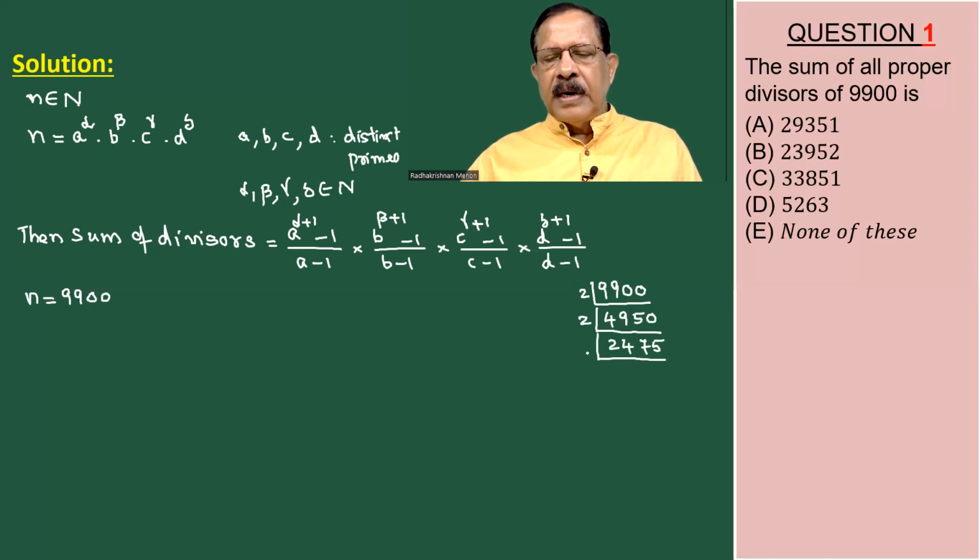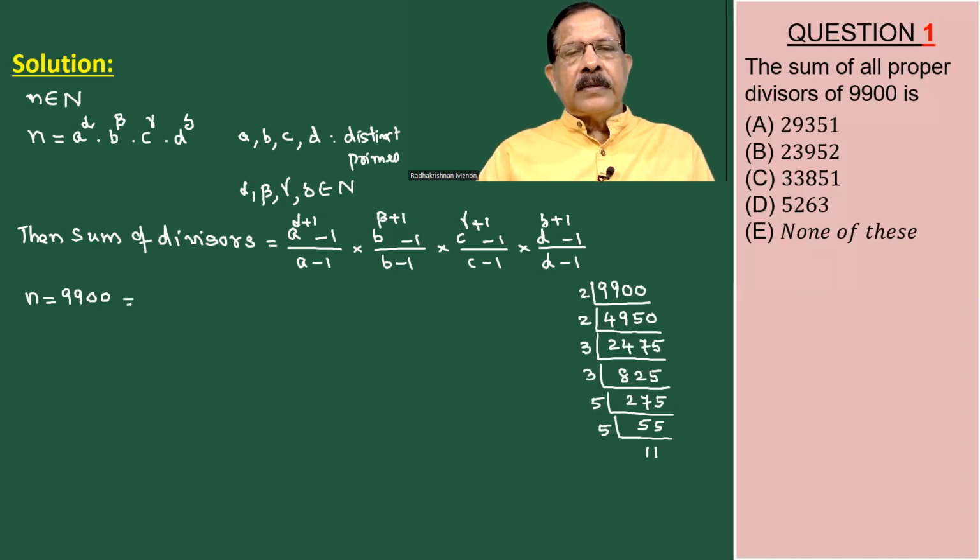Now you divide it by 3, you will be getting 825. Again, by 3, you will be getting 275. Now you divide it by 5, you will be getting 55. Again, by 5, you will be getting 11.